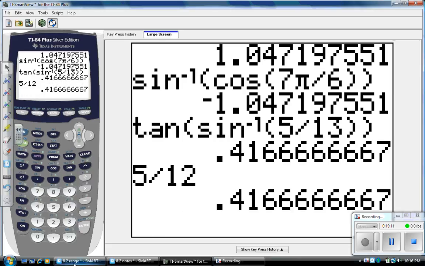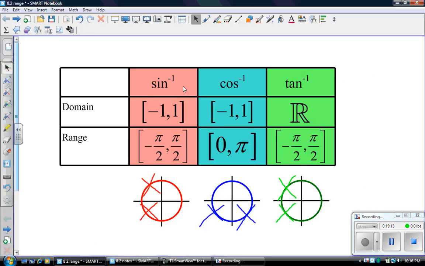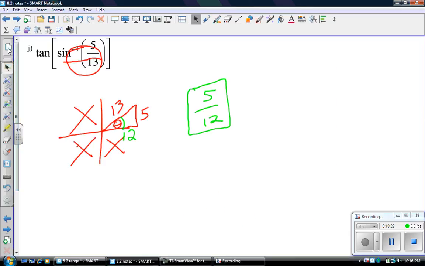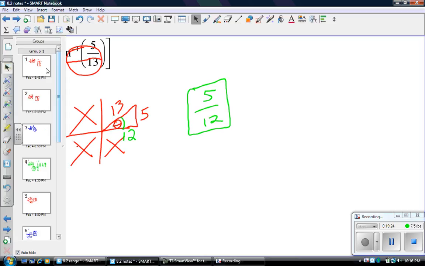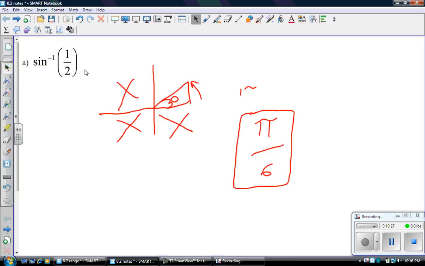So again, in recap, if you're doing an inverse trig function, immediately cross out 2 of the 4 quadrants. Then, if your problem has a positive number, you'll cross out one of the remaining 2 quadrants, like here I crossed out this one.